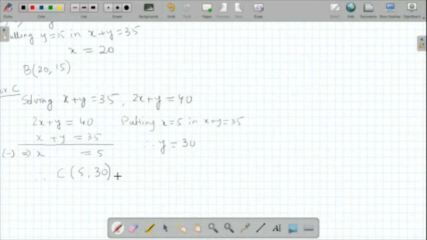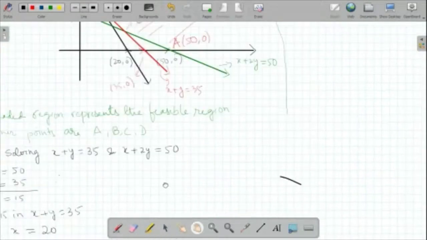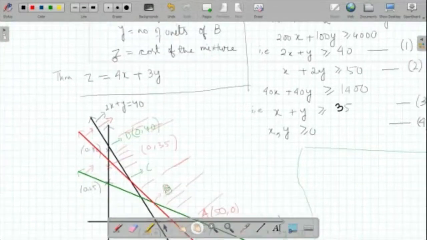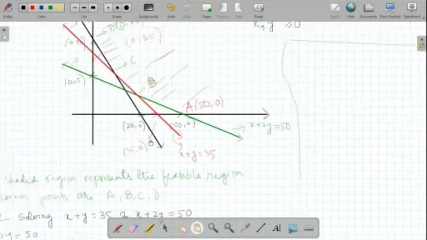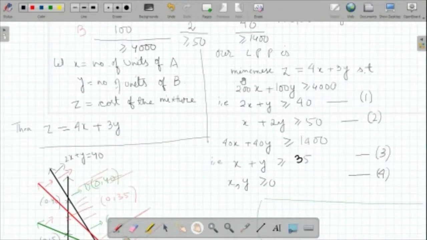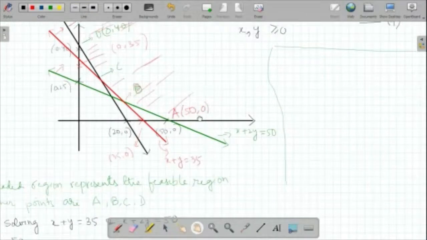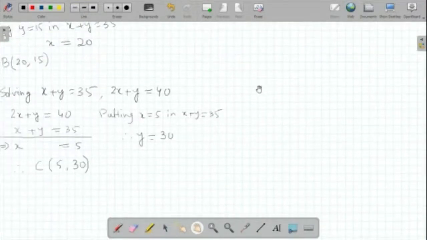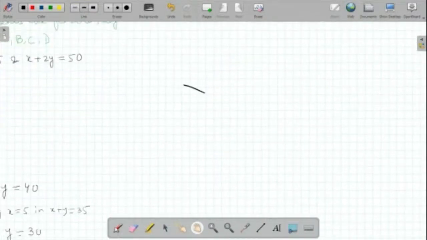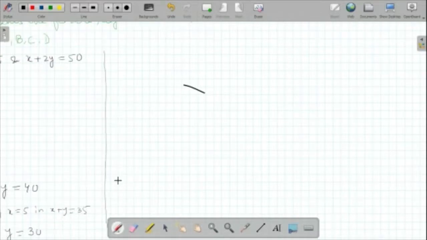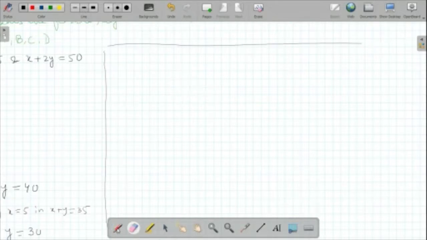So we have the corner points. Lastly, we have to solve for z. What is our z? 4x plus 3y. Is it minimize or maximize? Minimize z, 4x plus 3y. Okay, so next step. What are the points at A?